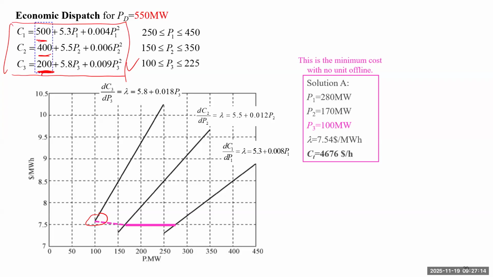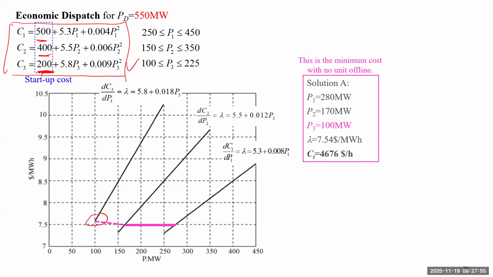The constant number really means the startup cost. So even if the generator output is zero, that unit still costs this amount of money, right? Because you assume even if P is zero, the unit is still running. It just doesn't generate any real power. It maybe only generates a slight power to balance the local very small electricity use, but it doesn't inject any energy to the grid.